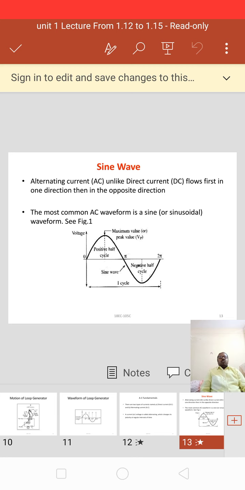Positive peak and negative peak together comprise the sine wave, that is 0 to 180 degrees plus 180 to 360 degrees totally comprises the sine wave. This total completion of positive and negative peak is also known as a cycle.